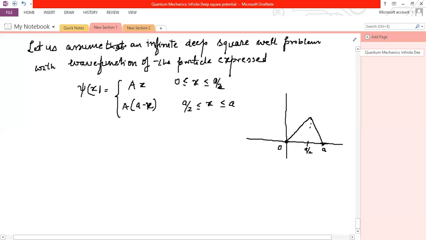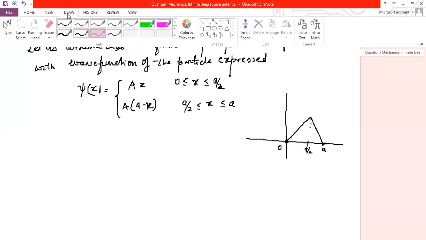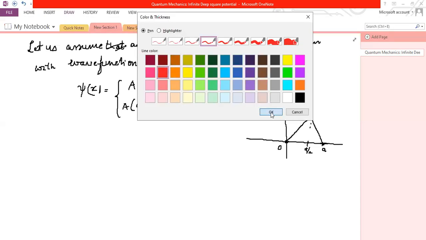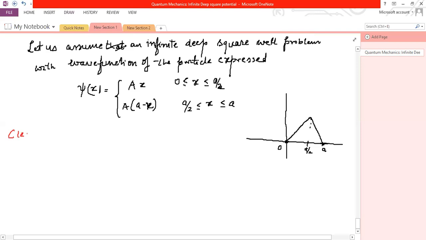Now, as you can clearly observe, the wave function psi(x) is continuous even at x equal to a/2.